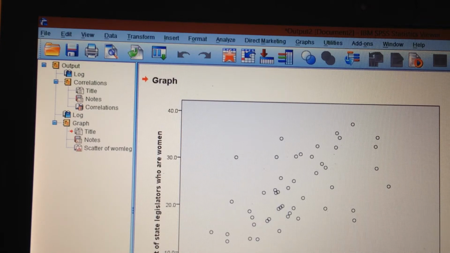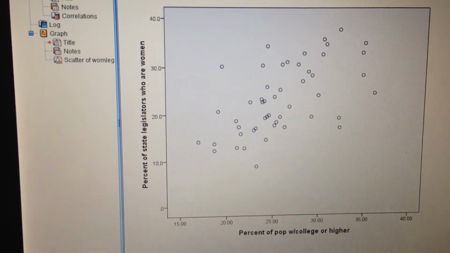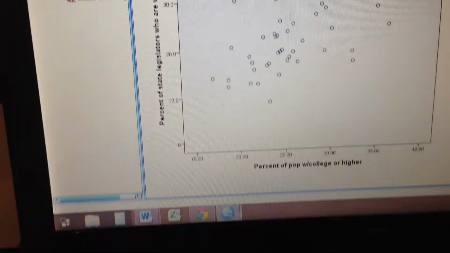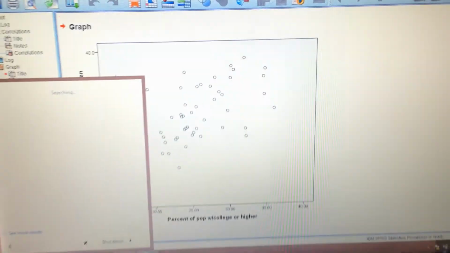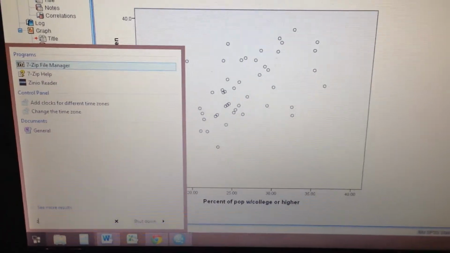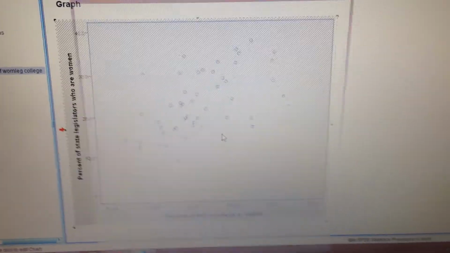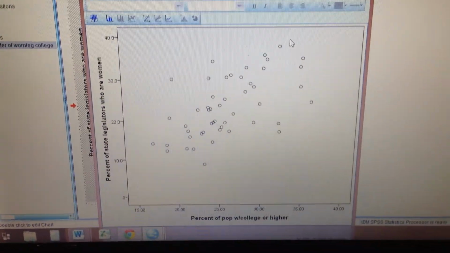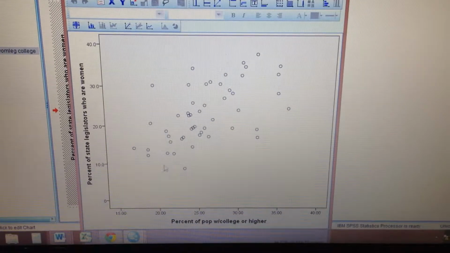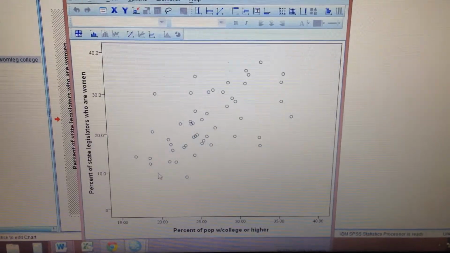I'm going to zoom out a little bit so I can show you this. Every state has a value for the percent of the population with college or higher.